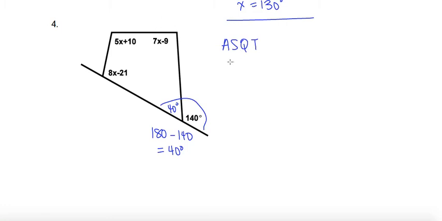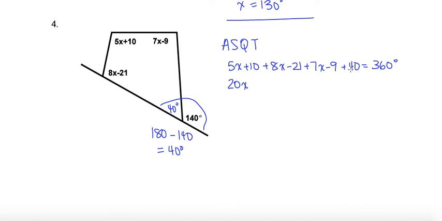So I have 5x plus 10 plus 8x minus 21 plus 7x minus 9 plus 40 is equal to 360 degrees. I'm going to collect my like terms. 5x plus 8x is 13x, and 13x plus 7x is 20x. 10 take away 21 is negative 11. Negative 11 take away 9 is negative 20.